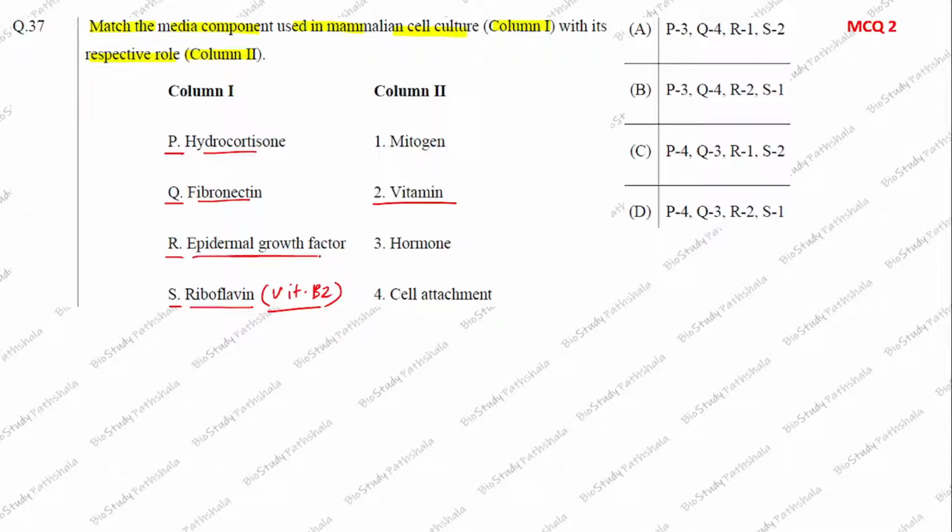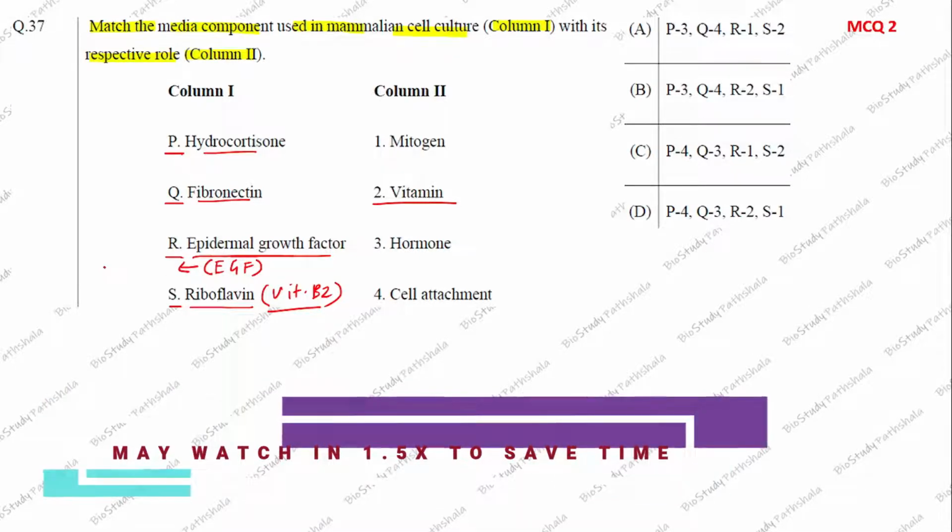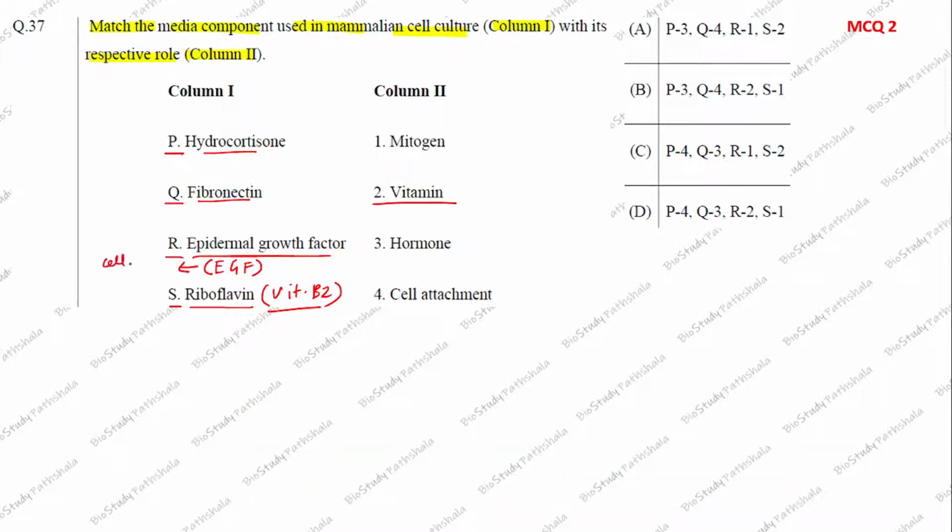Next is epidermal growth factor, that is EGF. EGF is actually responsible for cell division. So this is a mitogenic factor. Mitogenic factor means the factor which is responsible for cell division. So this option will go with mitogen. So R is 1 and S is 2.